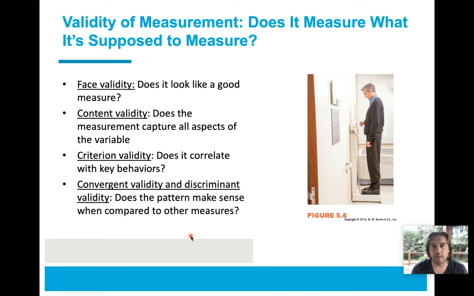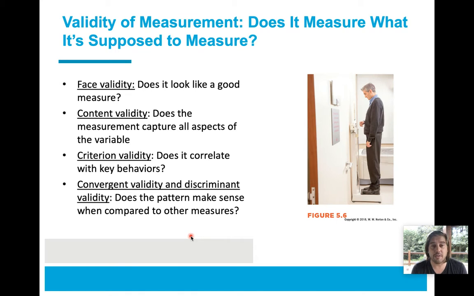So reliability is about consistency, whereas validity is about making sure that our measurement actually measures what it's supposed to measure, right? So we could conceive of situations where we think we're measuring one thing, but in fact we're measuring something else, something different, and we're going to see what that looks like with some examples here.